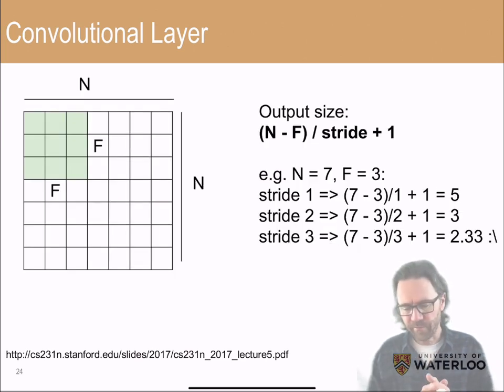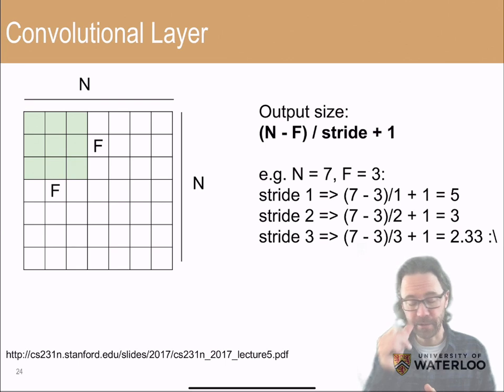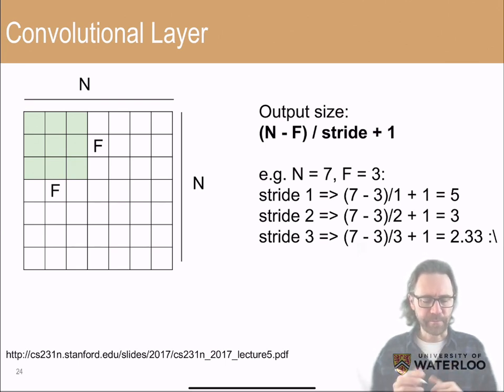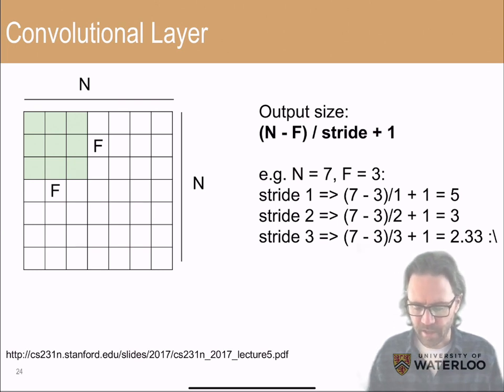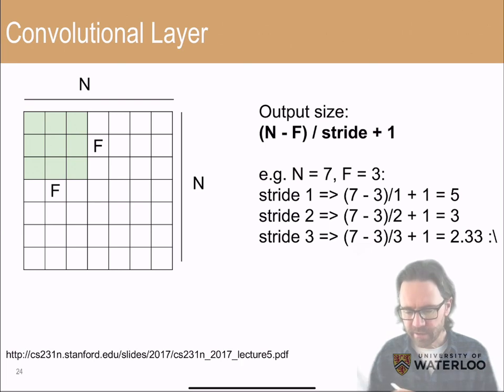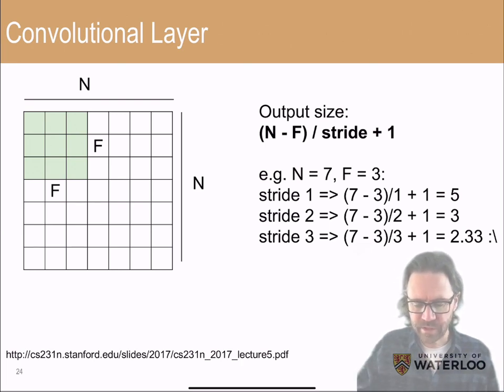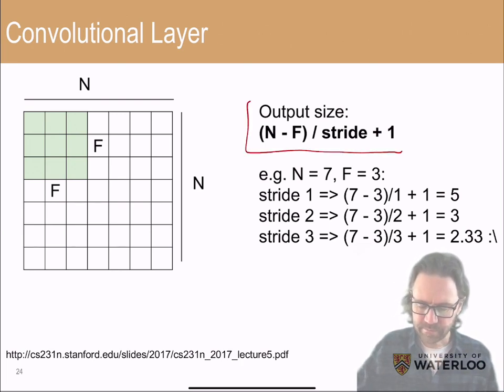So there's this handy little formula. I won't dwell on the formula. But if your input image is n by n, and your filter is f by f, and your stride is s, then this gives you your output size.